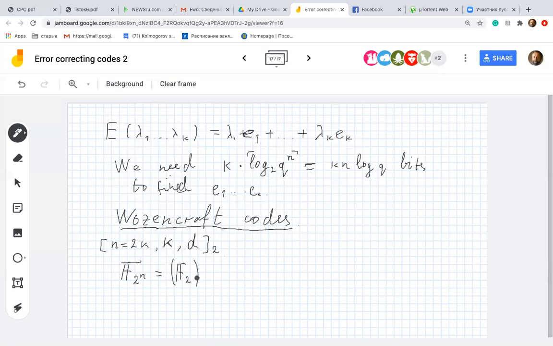So to obtain such an isomorphism, we just need to fix the basis, to choose some n different elements of that field, which are linearly independent over F2.